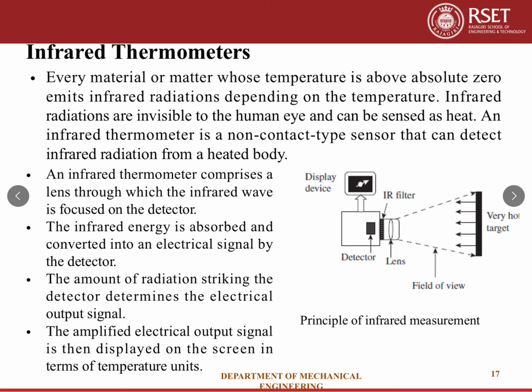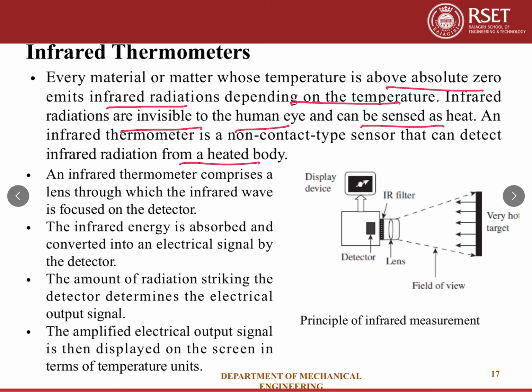Every material or matter whose temperature is above absolute zero emits infrared radiation depending upon the temperature. The infrared radiation is invisible to the human eye and can be sensed as heat. So an infrared thermometer is a non-contact type sensor that can detect infrared radiation from a heated body.